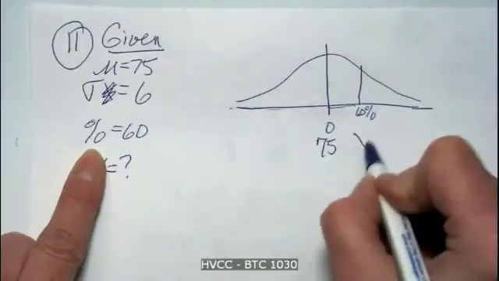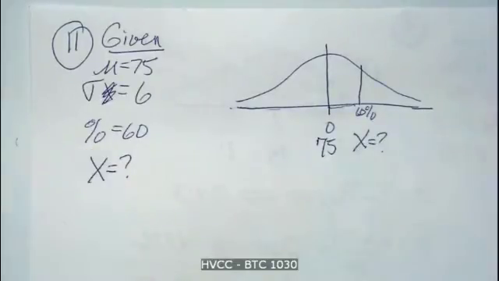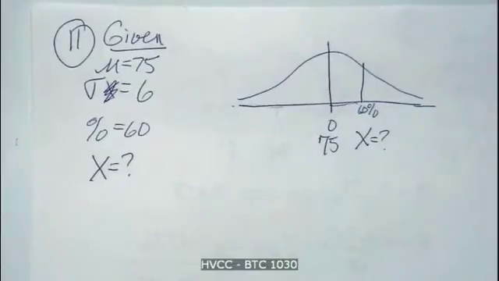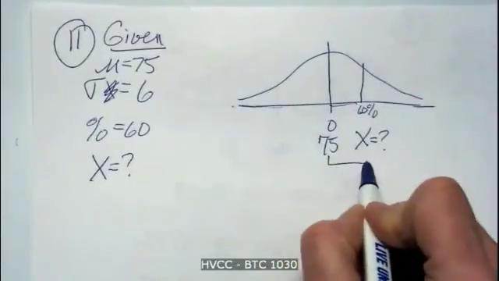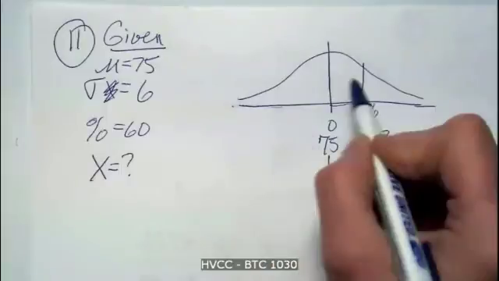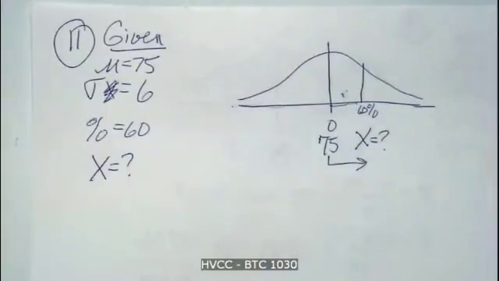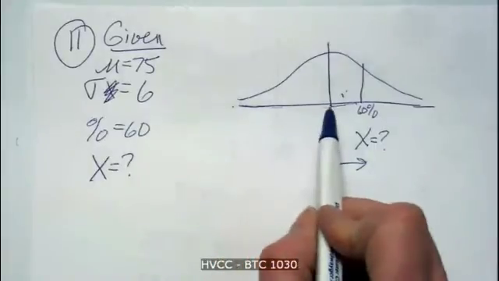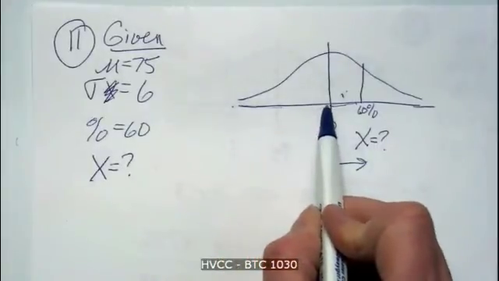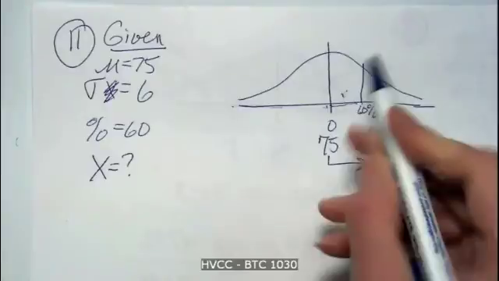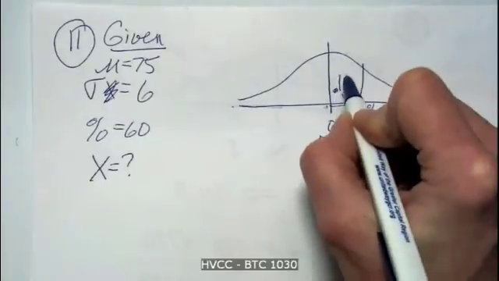I'm looking for this x that corresponds to there. Well, I have to find the percent from here to here. What is that percent? Think about it. This is 50%. This is 60%. This is 10%.